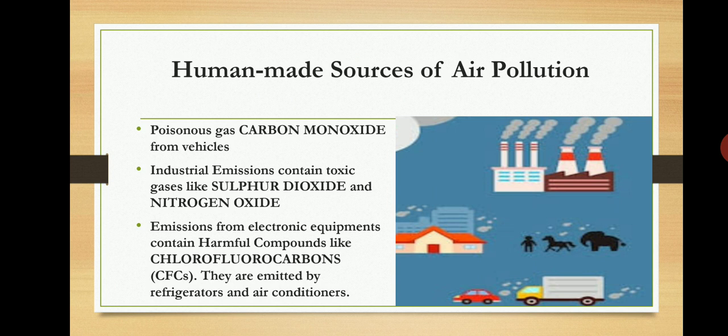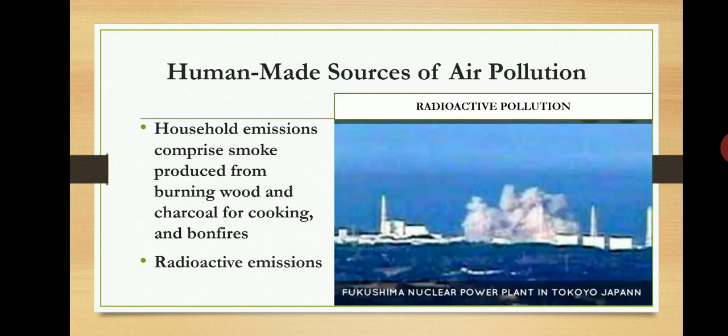Why is it? It's because it's giving out some sort of emission. This emission or harmful compound is called chlorofluorocarbon or CFC, and it comes out of our refrigerators and air conditioners.